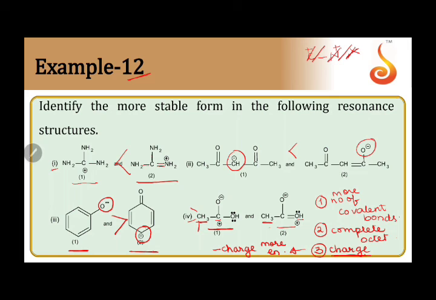We are just counting these bonds here. So 1, 2 and 3, and here you can see that we have 1, 2, 3 and 4. So more covalent bonds, more stability, so 2 is more stable than 1. This is how we can find out the stability by using our 4 rules here.